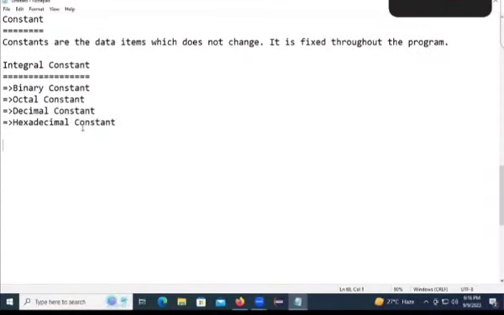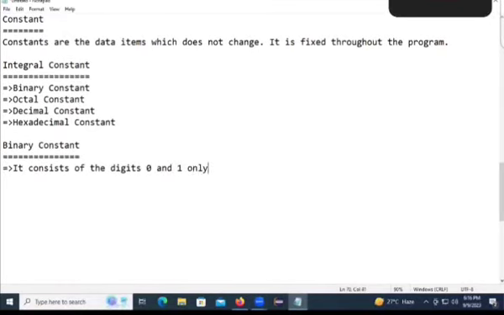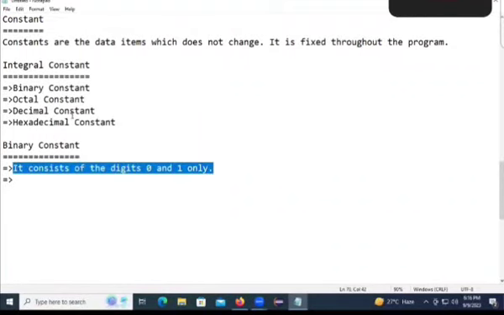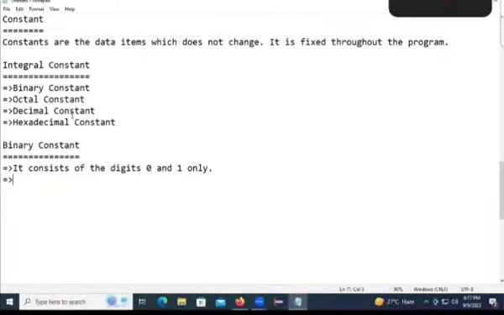But how do you identify which one is a binary constant? One value is given. How do you know that it is a binary constant, and not an octal, decimal, or hexadecimal constant? A binary constant consists of the digits 0 and 1 only, a sequence of 0 and 1.